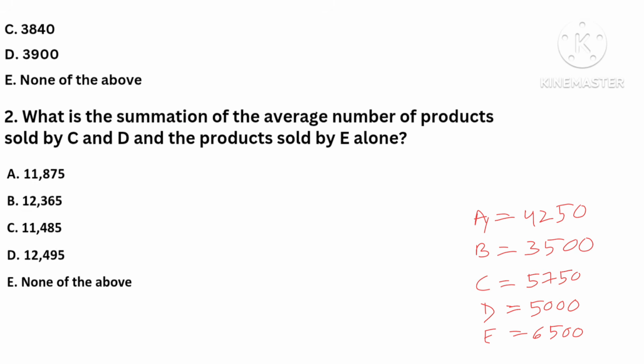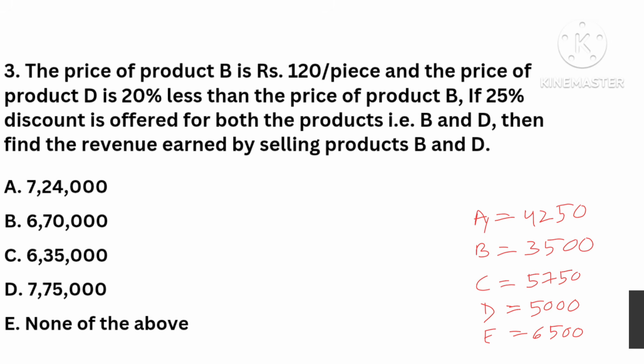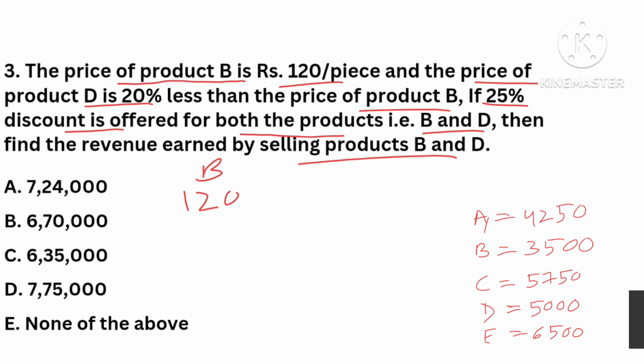Okay. Now we are moving to question number 3. The third question says that the price of product B is 120 per piece and the price of product D is 20% less than the price of product B. If a 25% discount is offered for both products, B and D, then find the revenue earned by selling products B and D. So 120 rupees for B. A 25% discount means we are left with 3/4, which is 90.